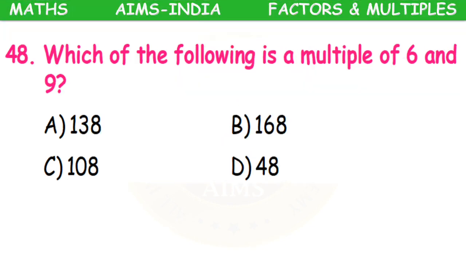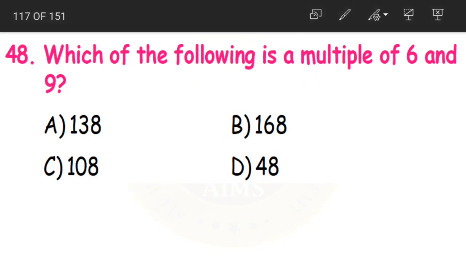Next question. Which of the following is a multiple of 6 and 9? Okay, the given number should be a multiple of 6, that means it should be divisible by 6 and 9. Now if you look at the numbers, for a number to be divisible by 9, the sum of the digits should be divisible by 9.